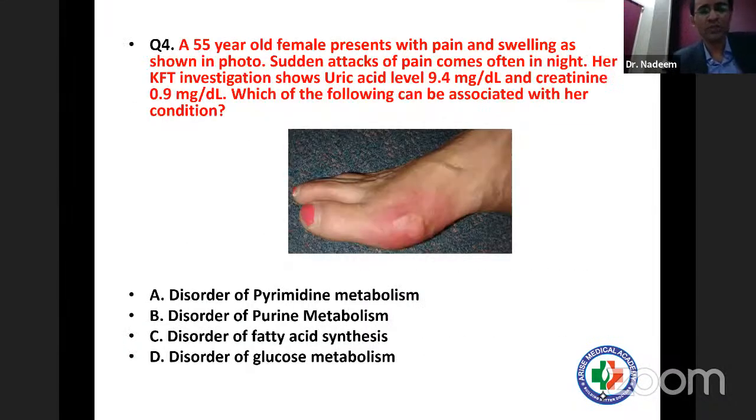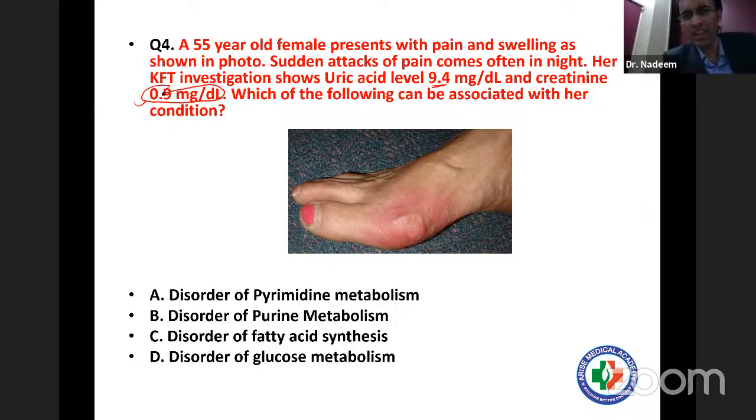This question is of a 55-year-old female who presents with pain and swelling as shown in the photo. Sudden attacks of pain come often at night. Her KFT investigation shows uric acid level 9.4 milligram per deciliter and creatinine is 0.9.